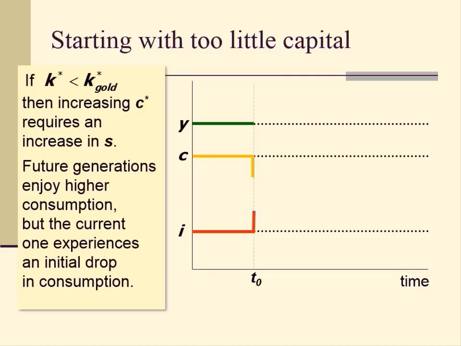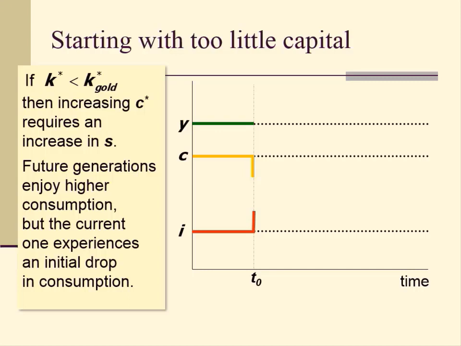In this case, if policymakers value the current generation's well-being more, they would be reluctant to adjust the saving rate to achieve the golden rule, because future generations may enjoy higher consumption, but the current one experiences an initial drop in consumption. After T0, saving and investment exceed depreciation.